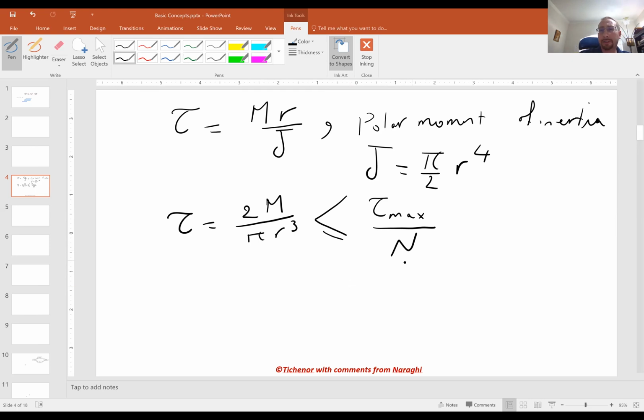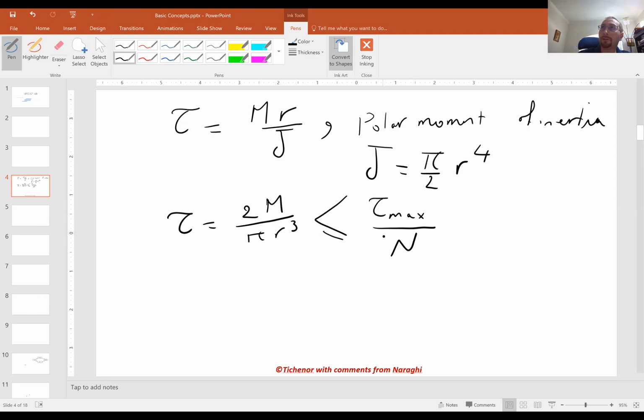So where does that safety factor come from? If the tau max of a material is 100 megapascal, I put a safety factor, which is a non-dimensionalized number. It's more than 1, let's say 1.3 or 1.4. All it does is artificially reduce the maximum stress that we allow in the material.